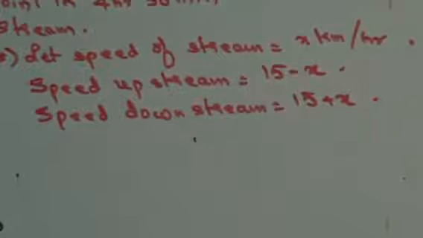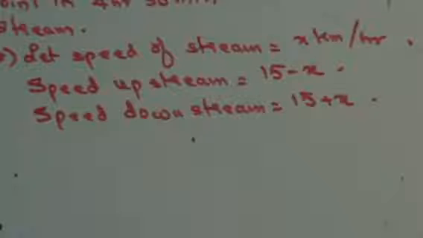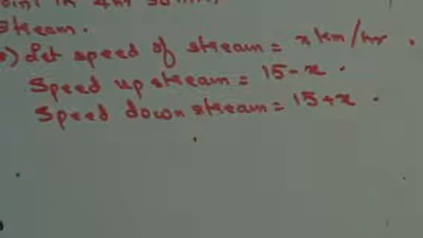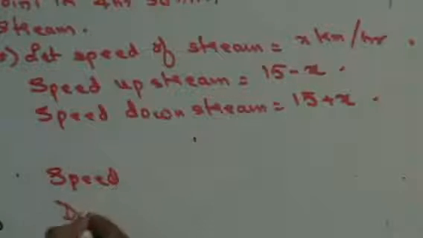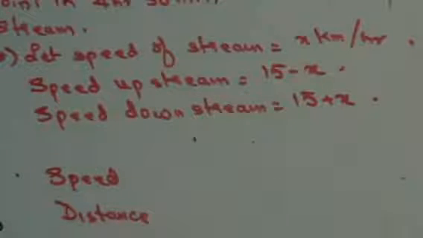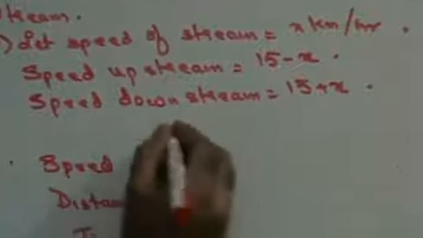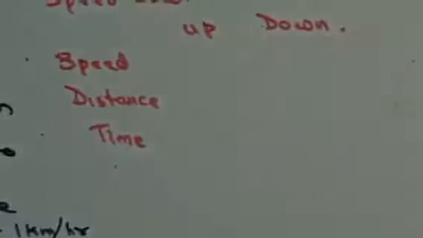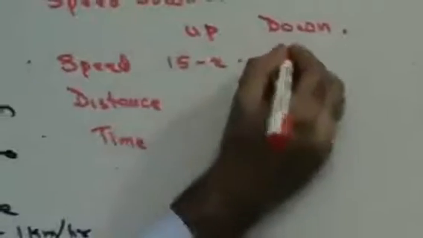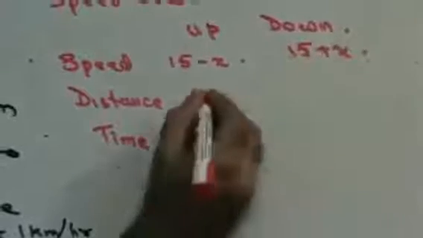Now, they're saying that it goes 30 kilometers upstream and downstream. Okay, let's see the speed, distance, time, upstream, downstream. We found out that the upstream speed is 15 minus x, downstream speed is 15 plus x, distance is 30 kilometers.